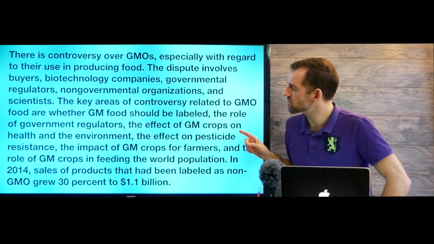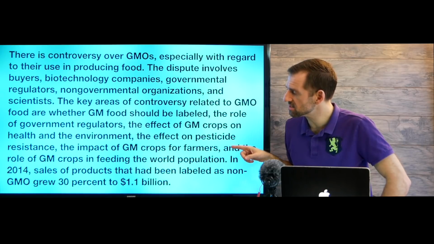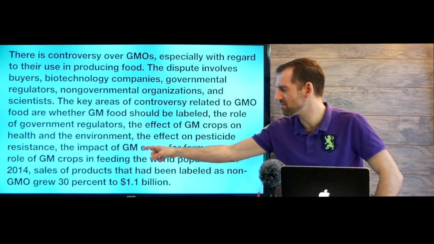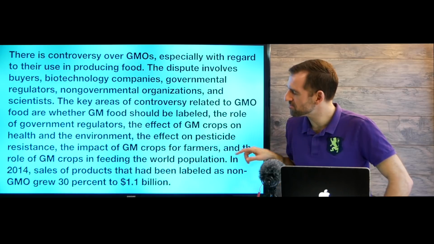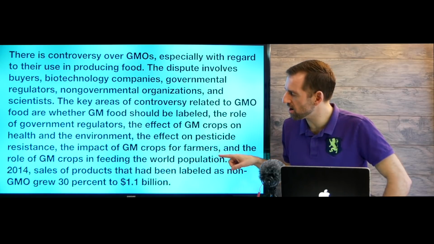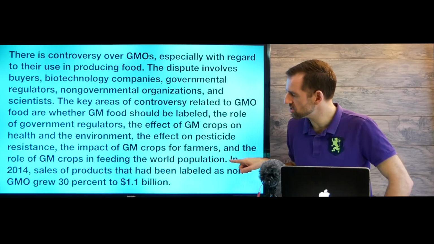The key areas of controversy related to GMO food are whether GM food should be labeled, the role of government regulators, the effect of GM crops on health and the environment, the effect on pesticide resistance, the impact of GMO crops, I keep saying GMO, okay, it means the same thing, GM crops for farmers, and the role of GM crops in feeding the world population.